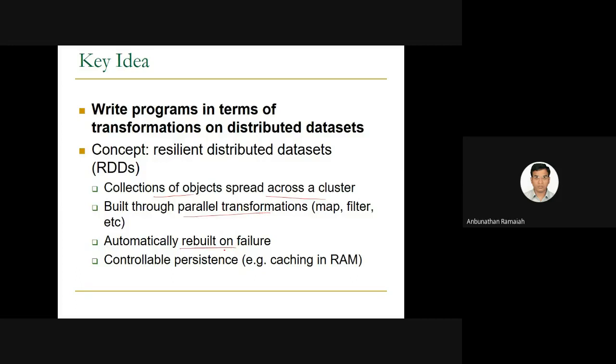Automatically rebuilt on failure, with controllable persistence, caching in RAM. So this is the new point they introduced, caching in RAM. So some of the data is always cached in the RAM. That is why it is very fast.